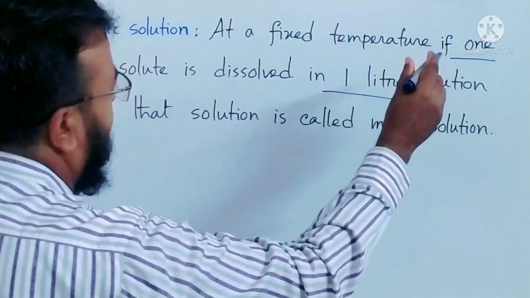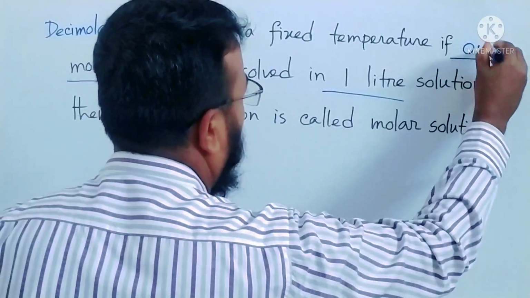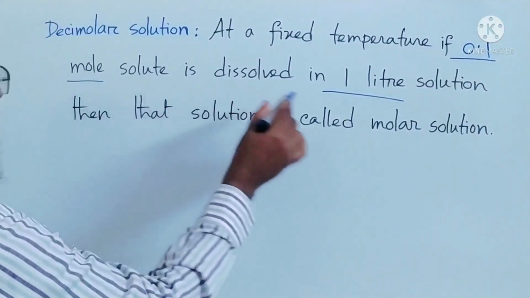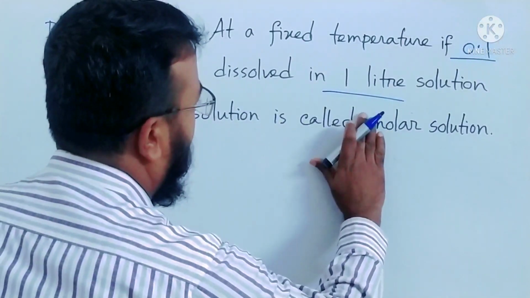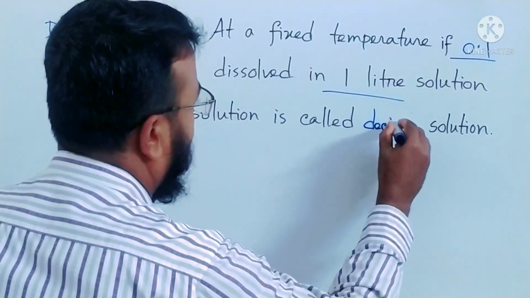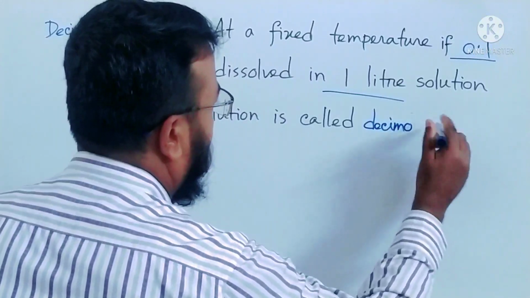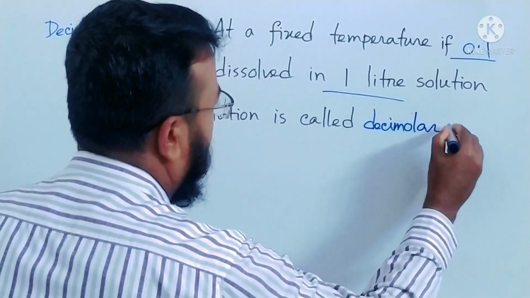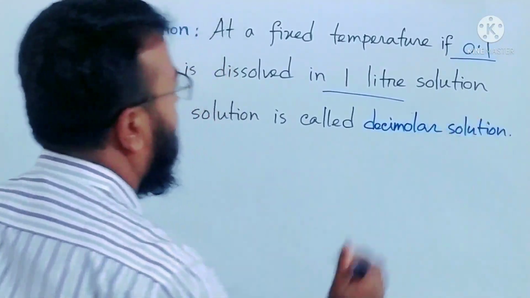Then instead of 1 it will be 0.1 mole solute dissolved in 1 liter solution, then it is called decimolar solution.